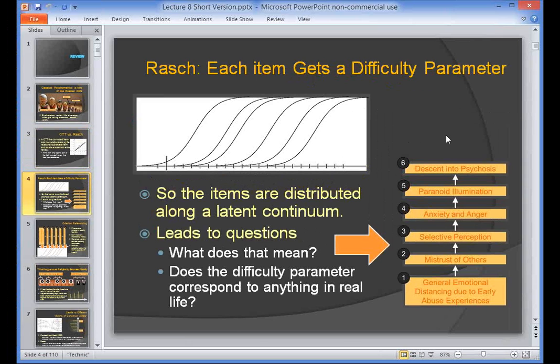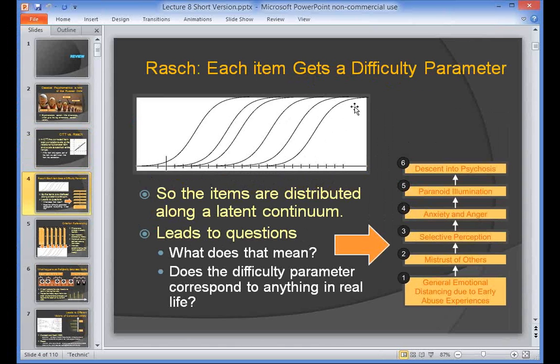And this leads to a question. Does the fact that these item difficulties are dispersed, does this map on into anything in the real world? Because now we actually have the ability to locate the different levels of the item along the span of the latent trait. And if we take the average of those levels of ability of the item, then that's what's called the difficulty of the item.